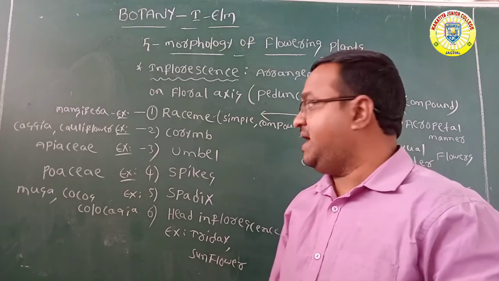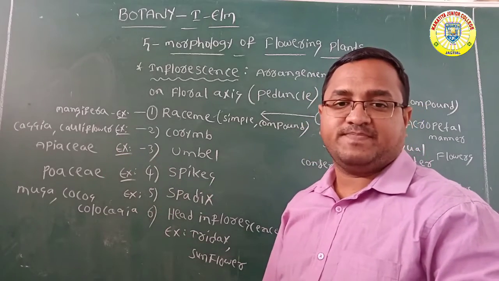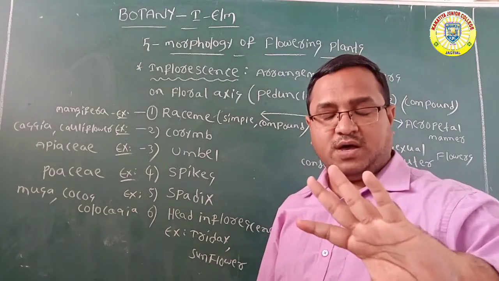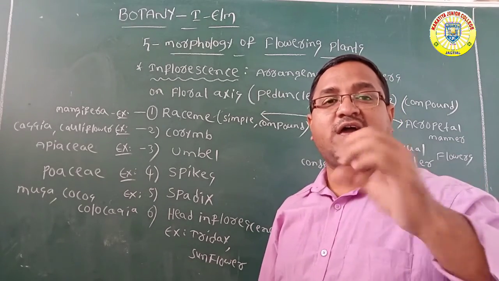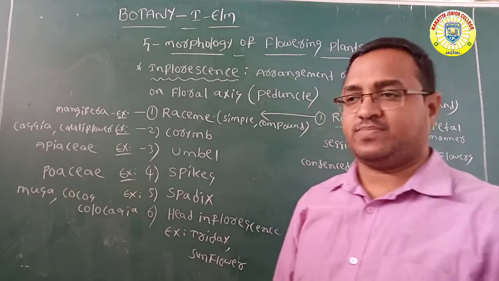Umbel means all flowers are arranged at one point of the peduncle, the floral axis. Best examples, onion, carrot, Apiaceae family. This inflorescence is covered with a special whorl of bracts, that is called involucre.